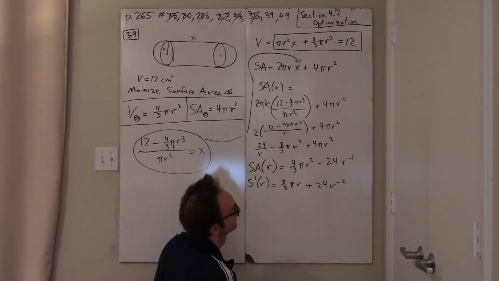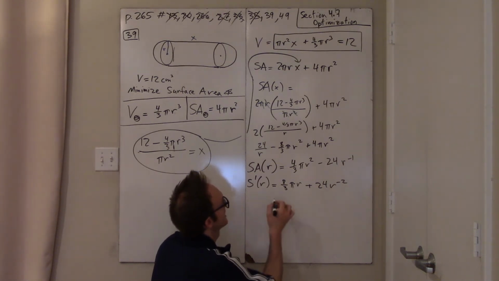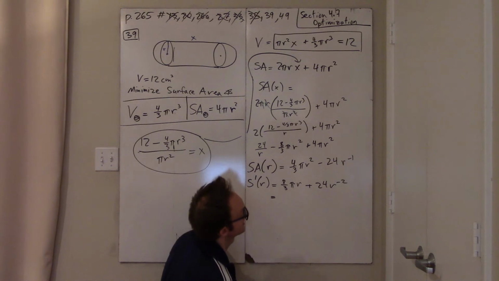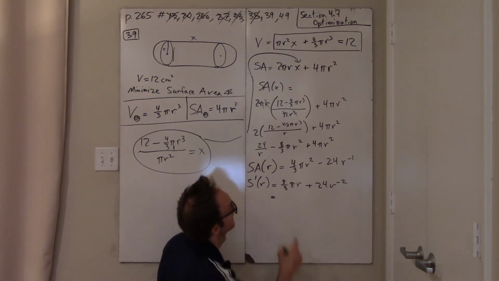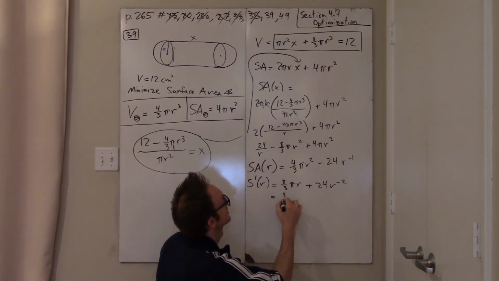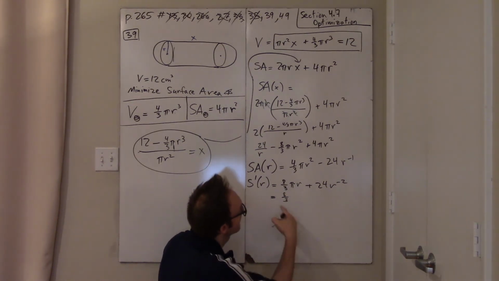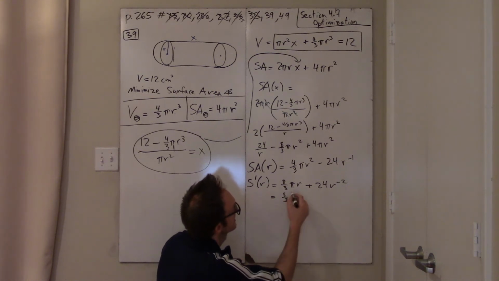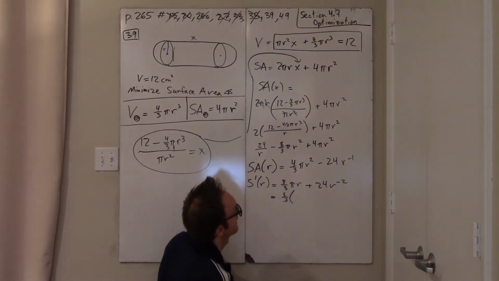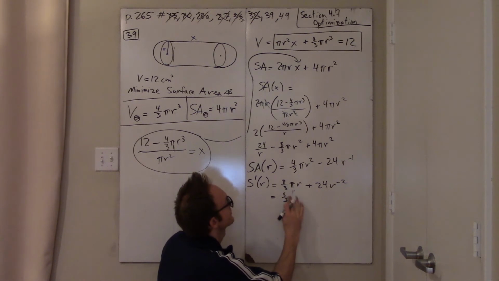Okay, man. What is the smart way to do this? I guess I will factor out 8/3, and I'll factor out r to the negative 2.